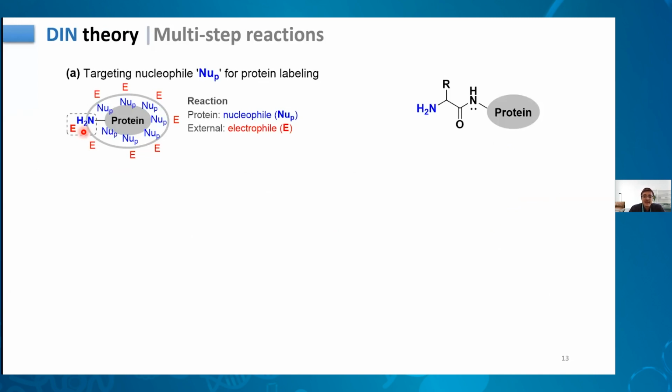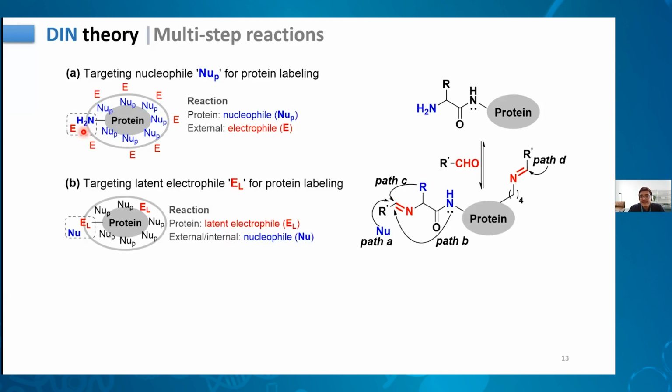But in another case, what you can do is treat the protein with an aldehyde that can give a chemoselective and reversible reaction with all the amines that are present out there and generate an electrophilic intermediate on the surface of the protein. So the reactivity landscape of the protein is redefined. The first step is chemoselective.